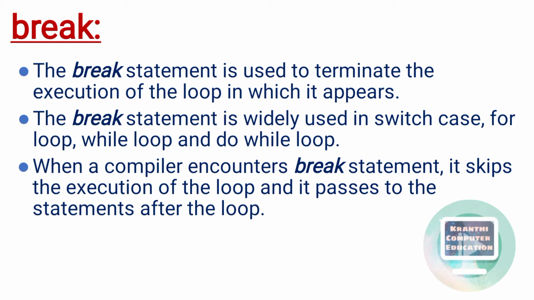If there are any statements after the loop, those statements will be executed. Whatever statements are written after the break statement inside the loop will not be executed. So the control comes out of the loop. This is the syntax. Simply we can write just break semicolon. This break semicolon can be used inside the loop or inside switch case.